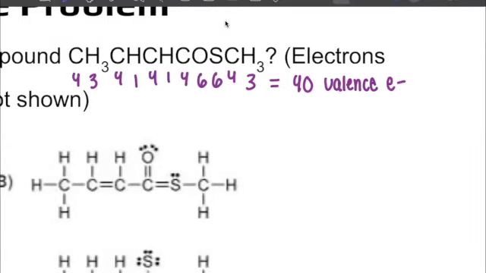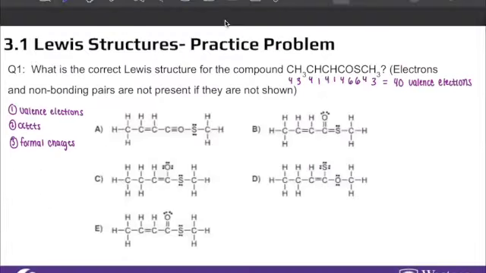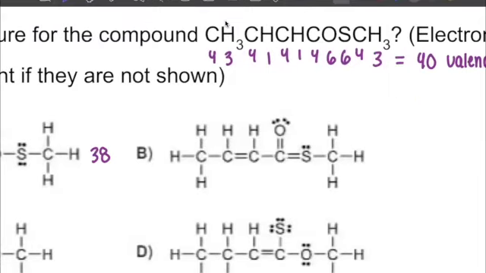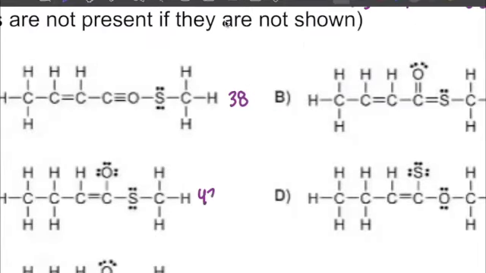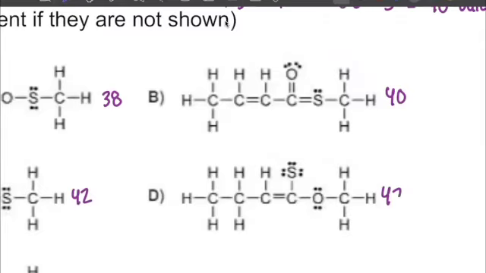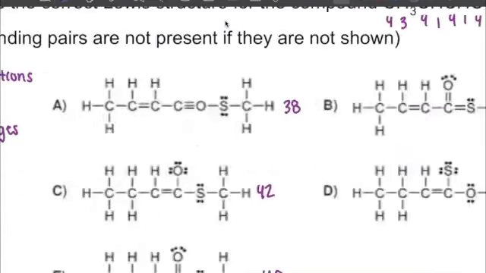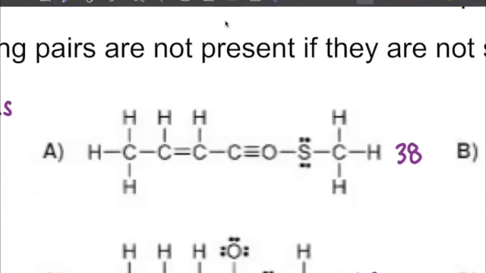Now, for the sake of time, I've already added them up for all of these different options. So A has 38, B has 40, C has 42, D has 42, and E has 40. If you want a reminder of how to add those up, basically how I always do it is that I always count each bond as 2.